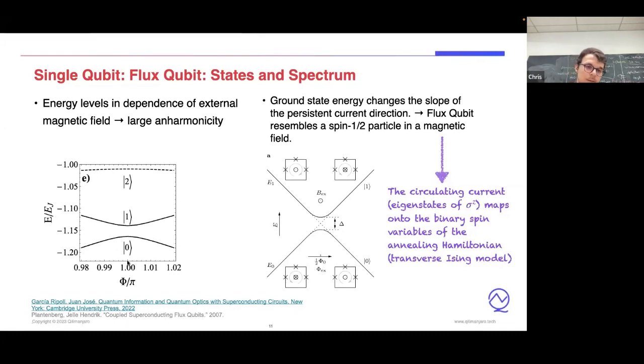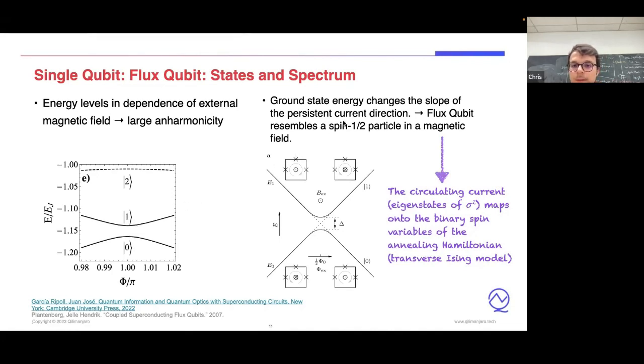And you can see that the separation of 0 to 1 is very different than 1 to 2. And this means that you can address this easily, and also photons traveling around the system are not randomly hitting a transition which matches the transition energy of the computation.